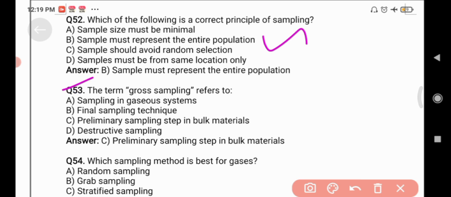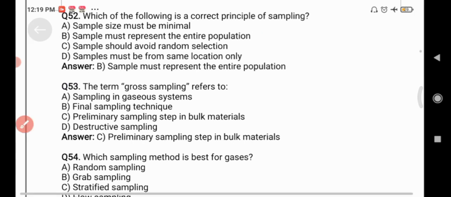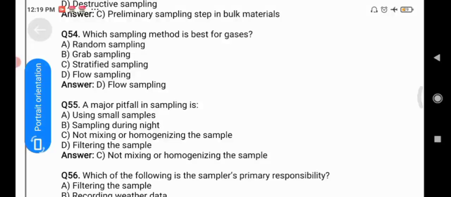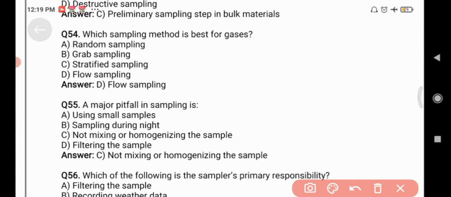The term gross sampling refers to option C, preliminary sampling step in bulk materials. Which sampling method is best for gases? Option D, flow sampling. A major pitfall in sampling is option C, not mixing or homogenizing the sample.